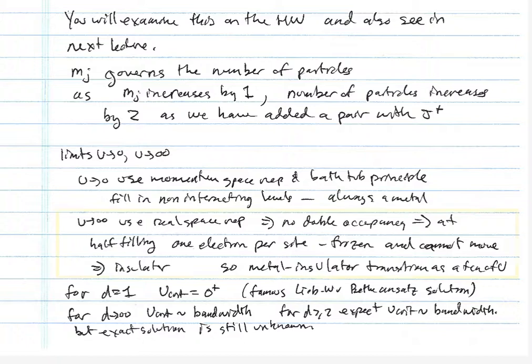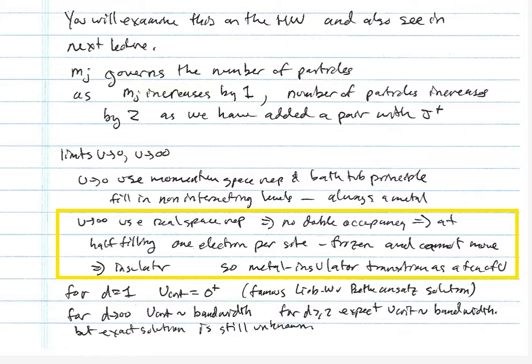When U goes to infinity, we tend to use a real space representation. It tells us that we have no double occupancies, because a double occupancy costs an infinite amount of energy. If I'm at half filling with a single electron per site, because I can never have double occupancies, those single electrons are frozen in place.